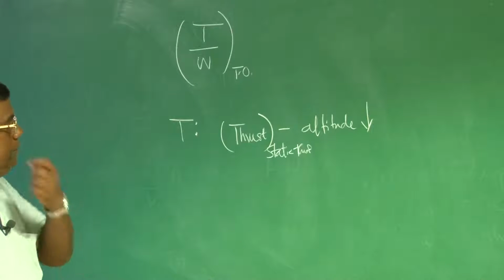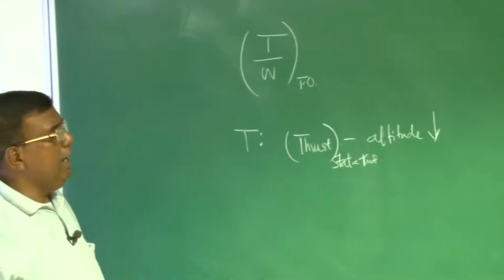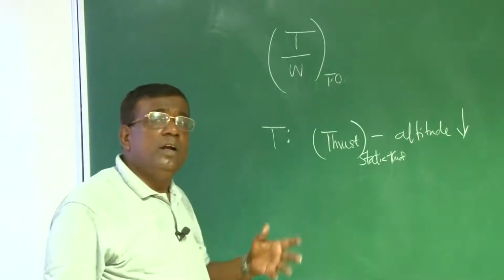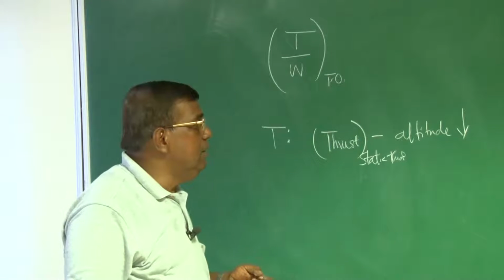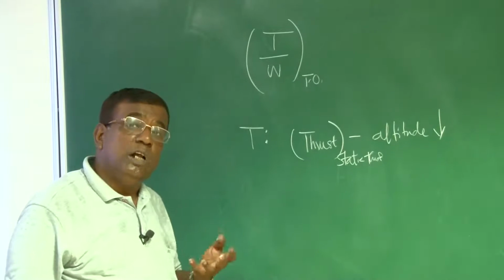If you take a jet engine or a propeller driven engine, an IC driven engine, you'll find as the altitude increases, the density of air reduces. So your thrust available goes down.